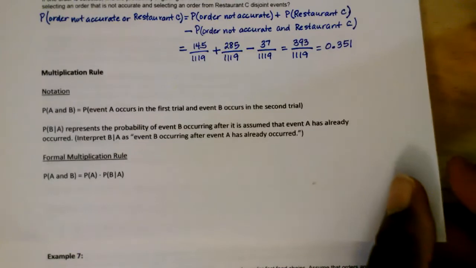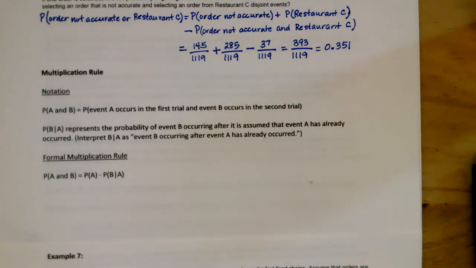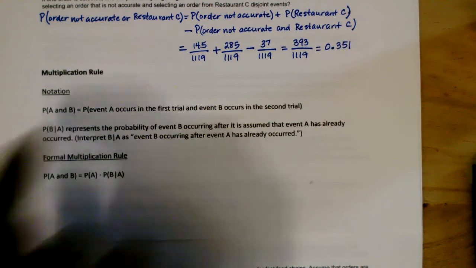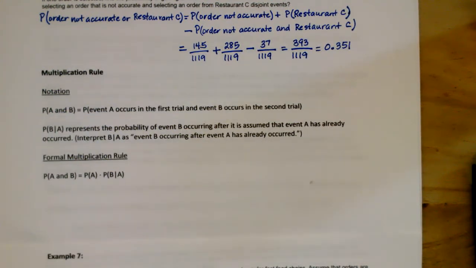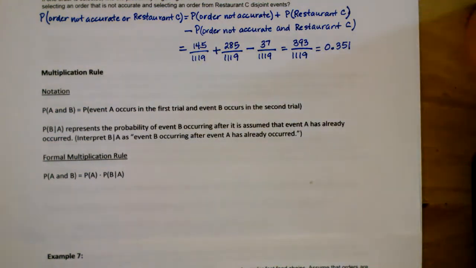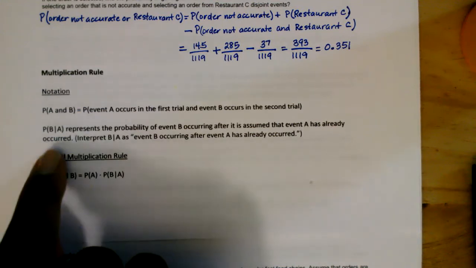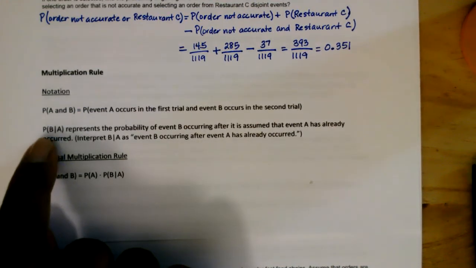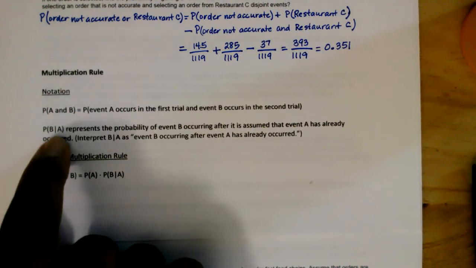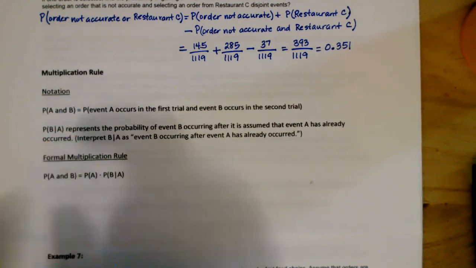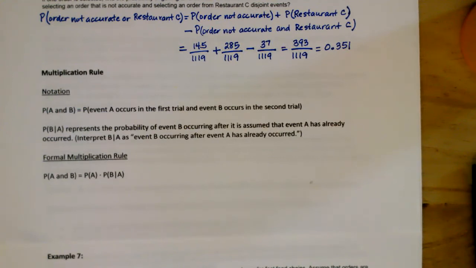Now we'll move on to the multiplication rule. And the notation for that would be the probability of event A and B. That means the probability event A occurs in the first trial and event B occurs in the second trial. So here, this notation, the probability of B, and then a vertical bar, and then A, actually represents the probability of event B occurring after it is assumed that event A has already occurred.